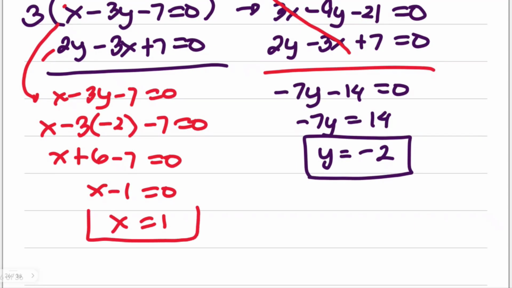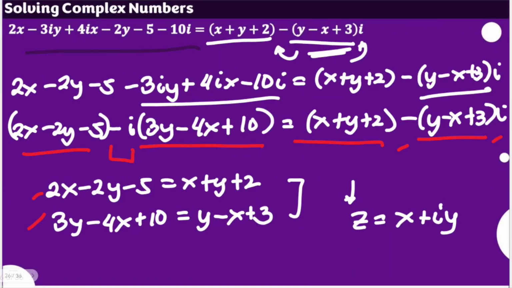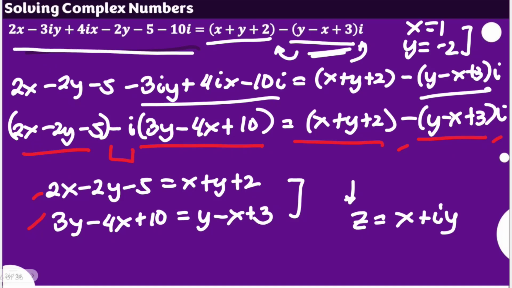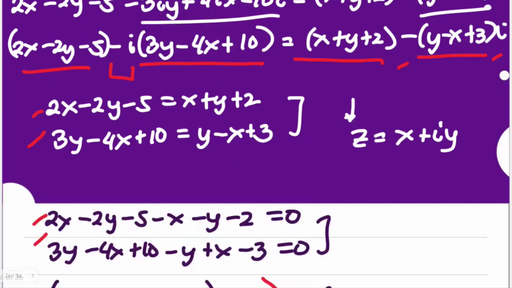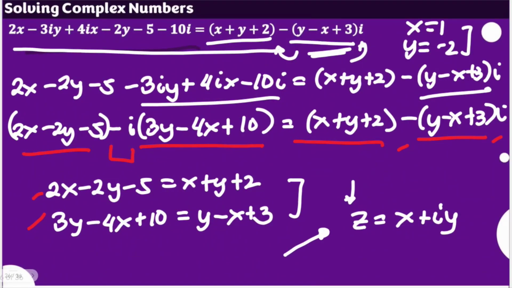This is now the component for our x, or the real part for a complex number in its general form. So these are now the solutions. x is 1 and y is negative 2. When substituted in the original, it should satisfy the given equation. Or, again, if you would like to express it as a complex number, you can also write it as 1 minus 2i.